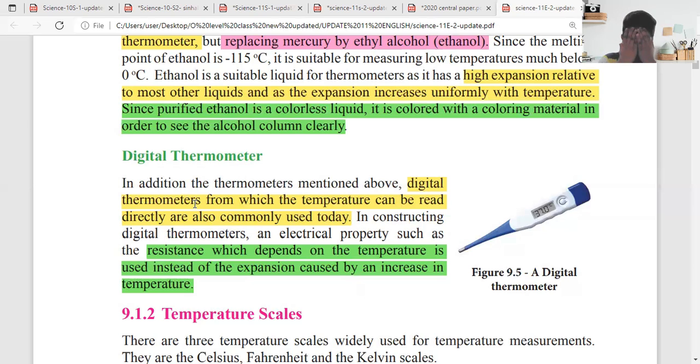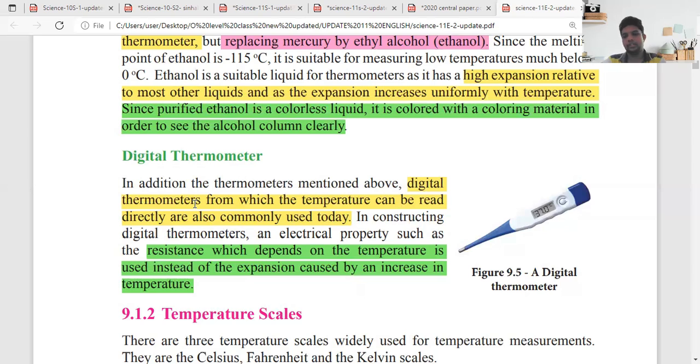Digital thermometers are easy to use, because the temperature can be read directly.